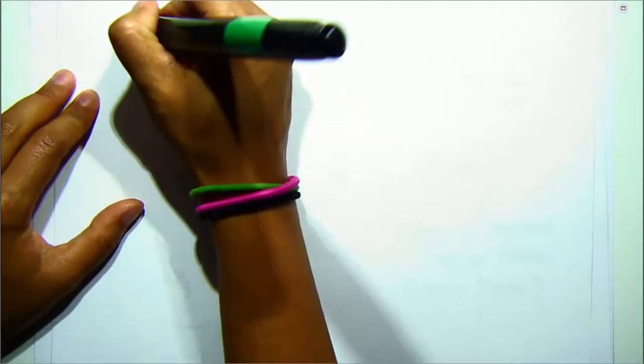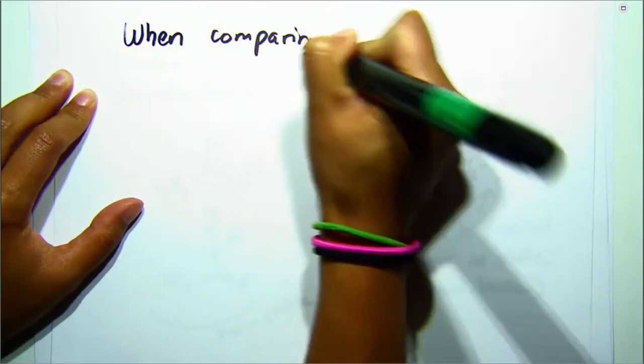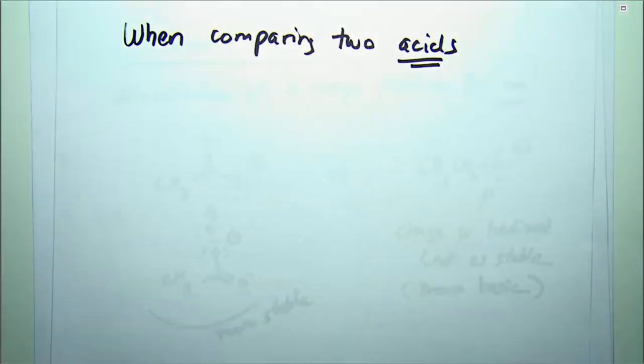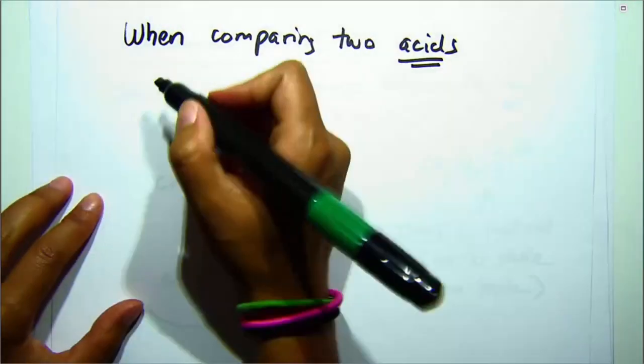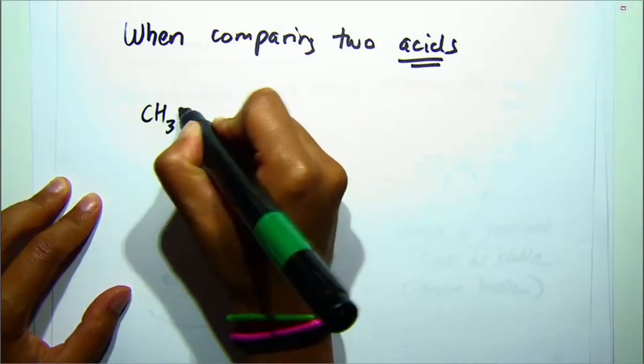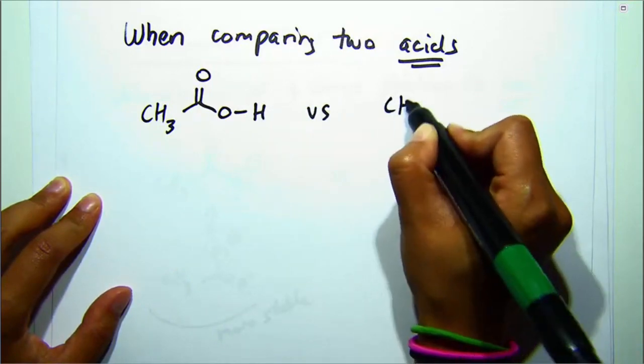Okay, so rule number one. When comparing two acids and trying to figure out which one is more stable, let's say you're comparing acetic acid versus ethanol.